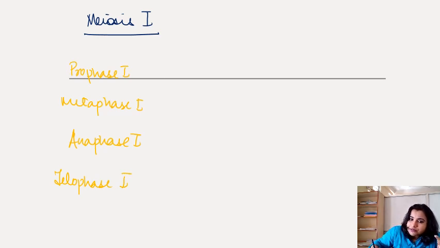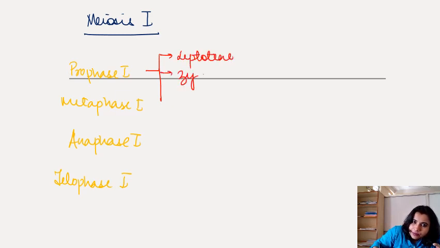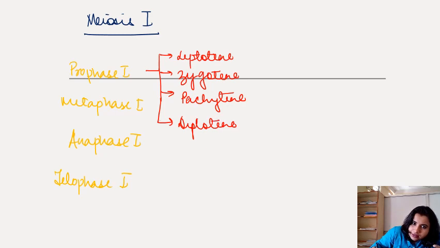Prophase 1 is divided into 5 stages: leptotene, right? Zygotene, pachytene, diplotene, and diakinesis. So what is happening in leptotene?